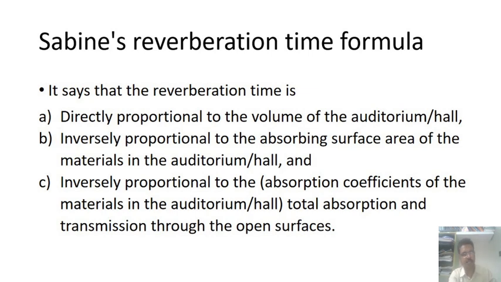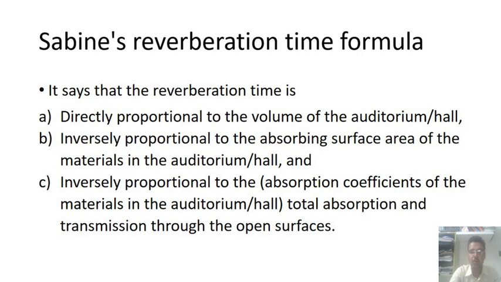Second, it is inversely proportional to the absorbing surface area of the materials in the auditorium or hall. Third, it is inversely proportional to the absorption coefficients of the materials in the auditorium or hall.